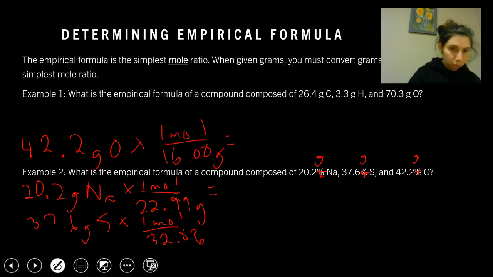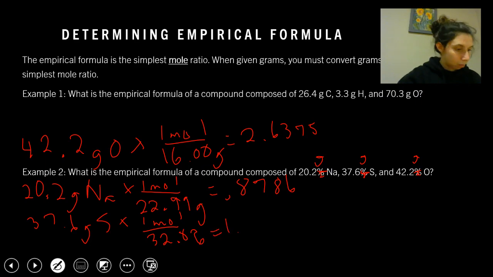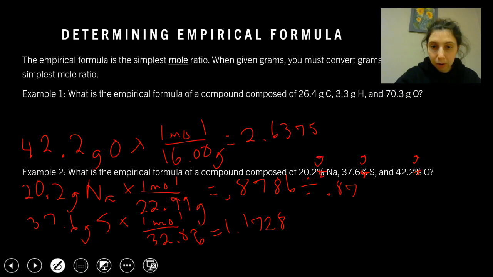And so I get 42.2 divided by 16 is 2.6375. 20.2 divided by 22.99 is 0.8786. And 37.6 divided by 32.06 is 1.1728. So my lowest number of moles is 0.8786.